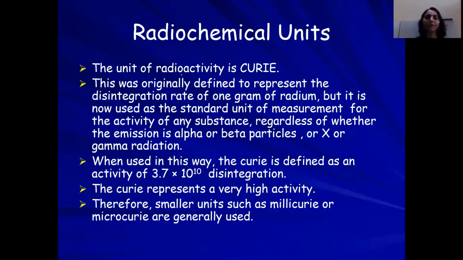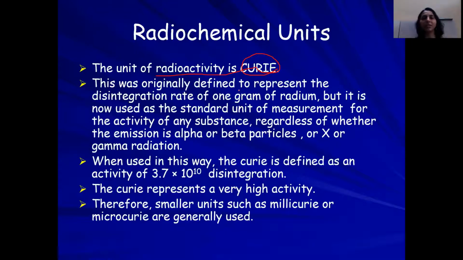The unit for measuring radioactivity is the very famous Curie. It's named after the scientists who investigated and found out radioactivity in various chemicals. This was originally defined to represent the disintegration rate of 1 gram of radium, but it is now used as the standard unit of measurement for the activity of a substance, regardless of whether the emission is alpha, beta, gamma or X-rays.